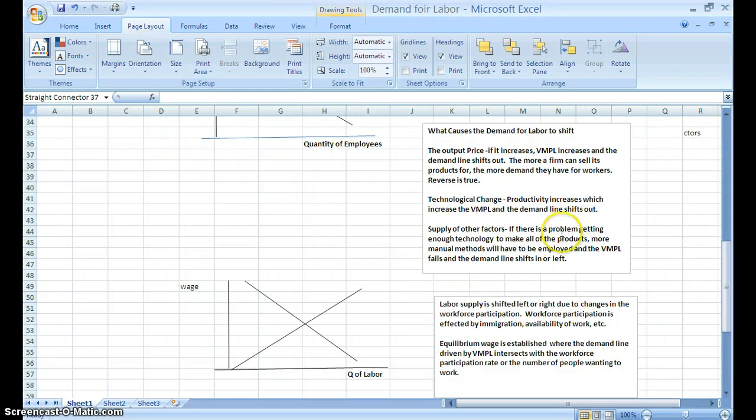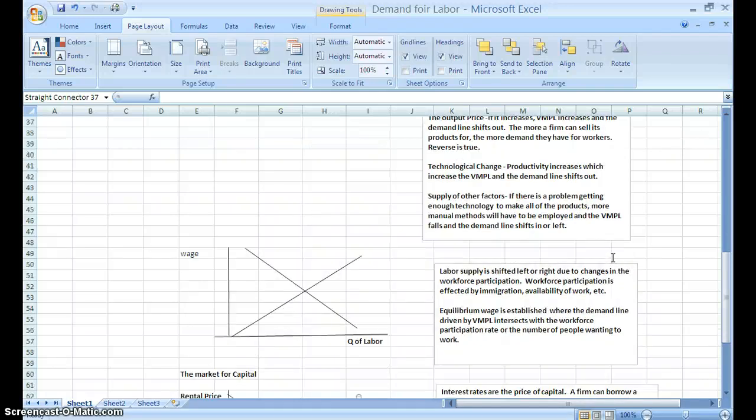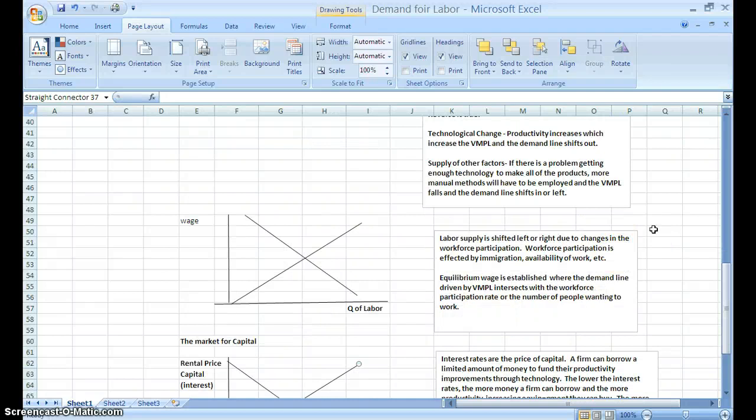And then there are other supply factors, and one of the things they talked about was difficulty in getting enough ladders. If you don't have enough ladders for everybody, then you're going to have more people picking from the ground, and that's not as effective as going up the ladder. And so you'll have less of a demand. So having the proper amount of equipment also affects your value of marginal product of labor.